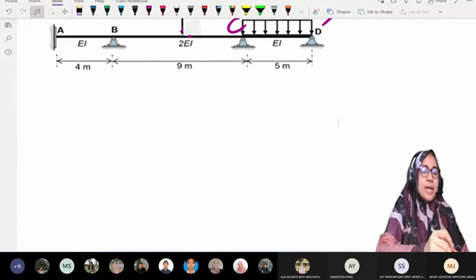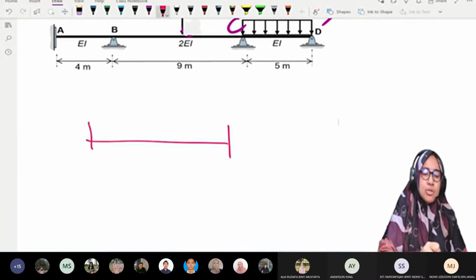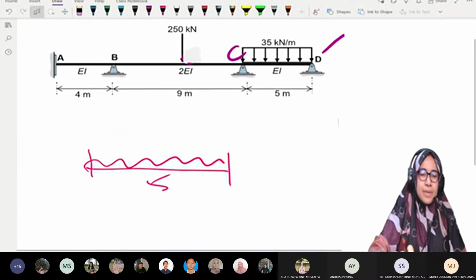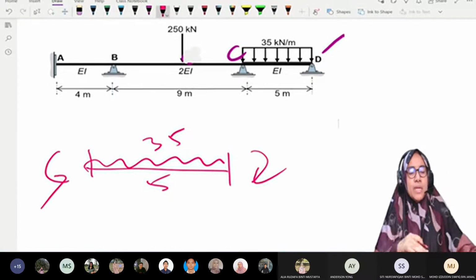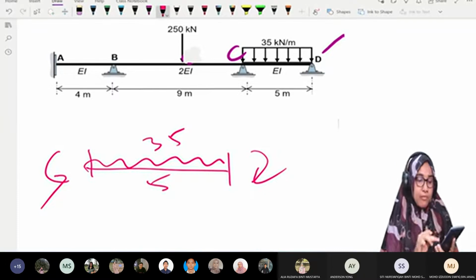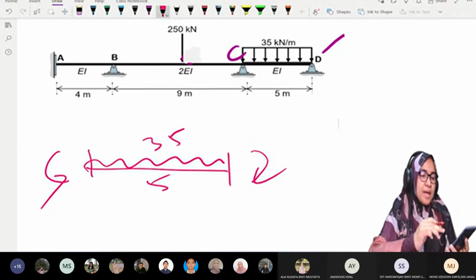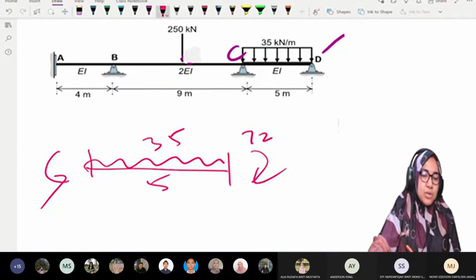Number one, you boleh assume dua-dua dia fix, lepas tu apply sini 5, sini 35. So when we apply fixed end moment, it is WL squared over 12. W is 35, L is 5 squared over 12. So we get equivalent to 72.917.